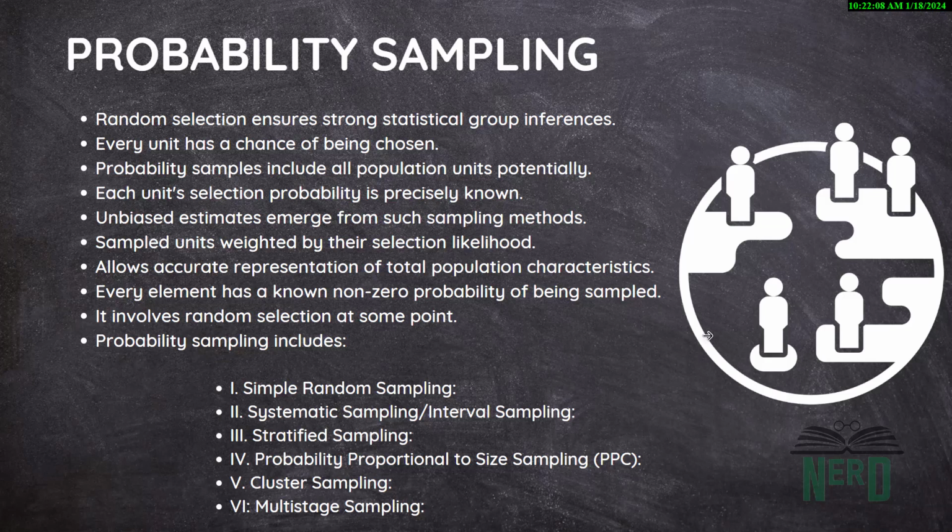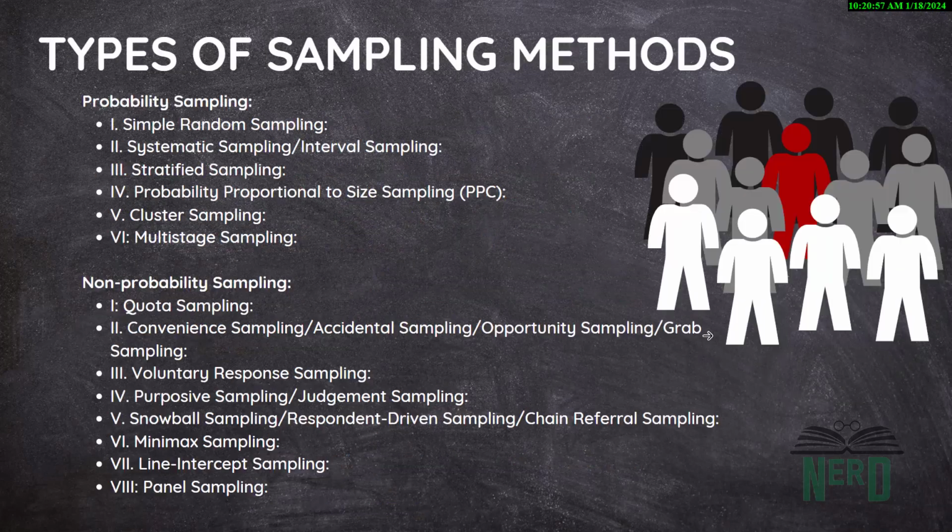And in probability sampling, we have like 6 types. First is simple random sampling, then systematic, stratified, probability proportional to size sampling, cluster sampling, and multi-stage sampling. Right, and on the other hand, in non-probability sampling, we have like 8 types, starting with quota sampling, convenience sampling, voluntary, purposive, snowball.